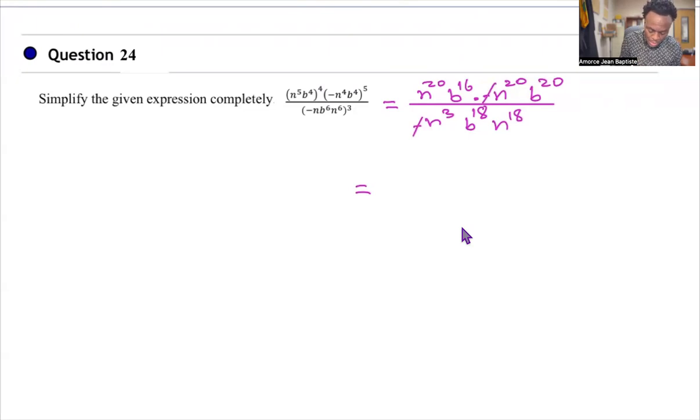And then we can combine the exponents. 20 and 20, so that's n to the 40th. 16 and 20, so that's b to the 36, over n to the 3 times n to the 18, so that is n to the 21 and b to the 18.